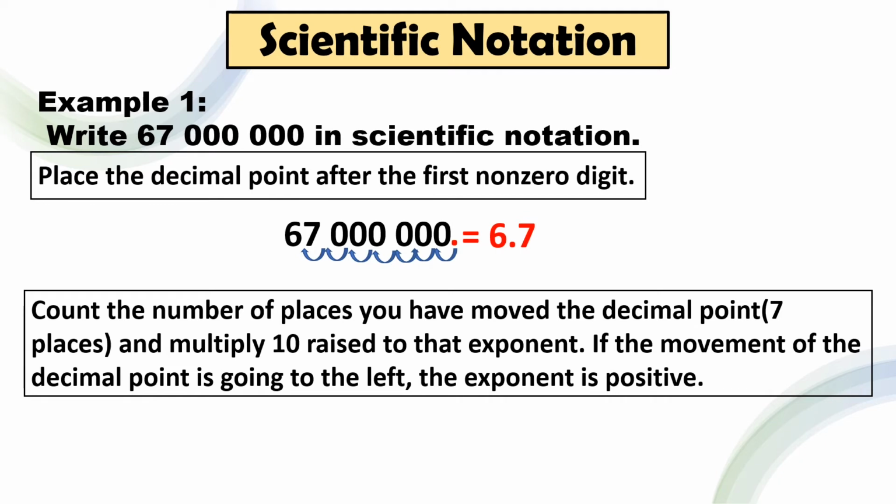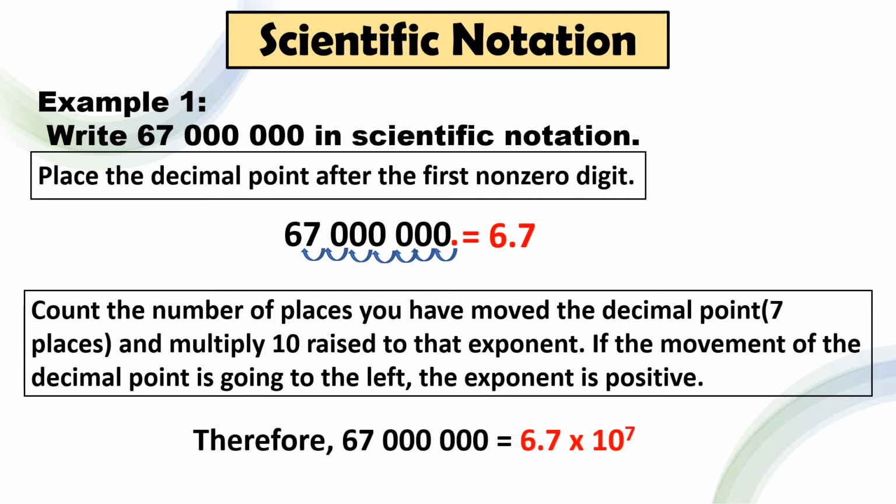If the movement of the decimal point is going to the left, the exponent is positive. Therefore, we have the answer of 6.7 times 10 raised to 7. Again, 67 million is equal to 6.7 times 10 raised to 7.